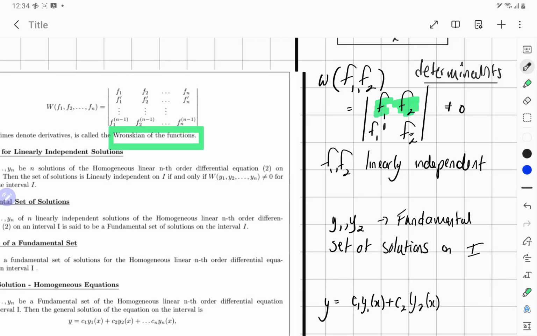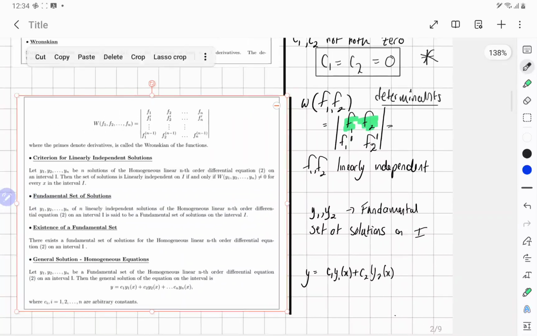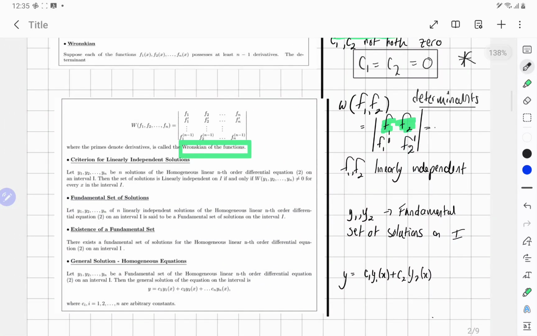I will find the derivative of f1, so f1 prime, and the derivative of f2, f2 prime. Then I will do the determinant of a 2 by 2. I hope you are all familiar with this, but I will do more on it in an example. So remember, this is your determinant.